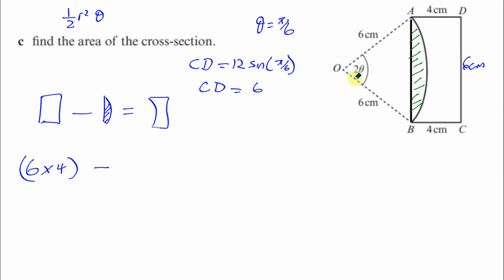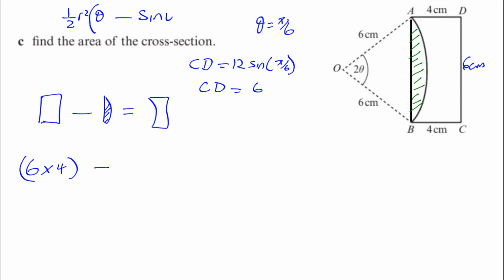So it's a half times r squared times theta, which is whatever angle's over here. Alright, that's the area of this whole sector, like this pizza slice shape. If I take away from it the area of this triangle OAB, I'm left with the area of the segment. So I'm going to take away from it the area of this triangle.